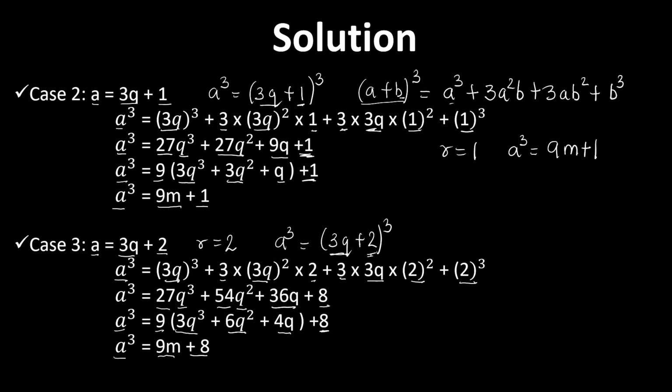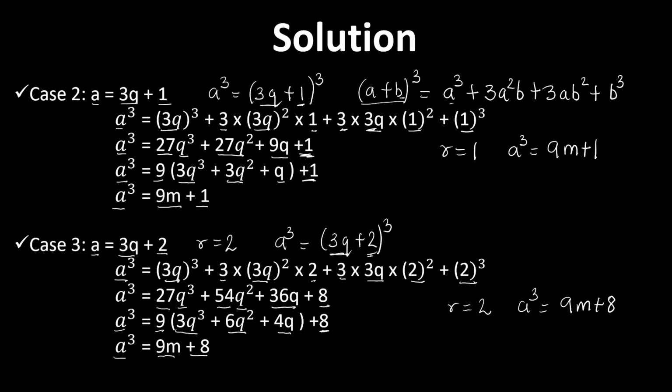So, what did we observe in the third case? When we considered remainder equals to 2, we can write down the cube of any positive integer in the form of 9m plus 8. So, we observed all the 3 cases where if we are considering r is equals to 0, we were able to write down the cube of any positive integer in the form of 9m.